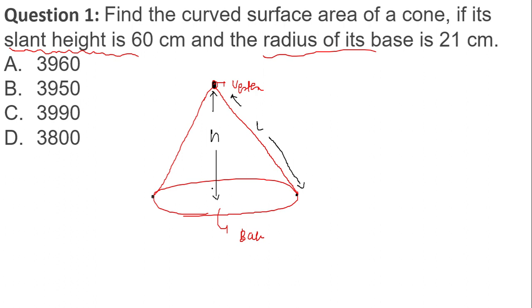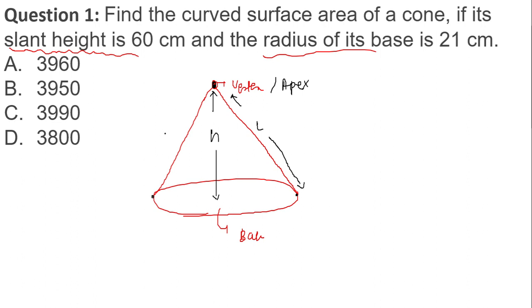The distance between the vertex and any point on the circumference of the circle at the base of the cone is the slant height denoted by L. And what is H over here? H is the height of the cone. It means height denotes the distance from the apex or vertex up to the base.